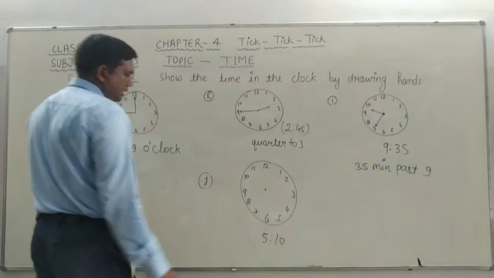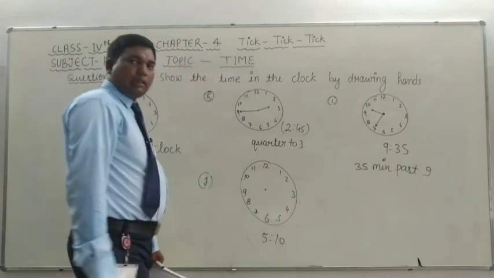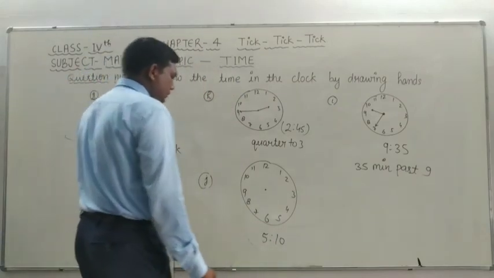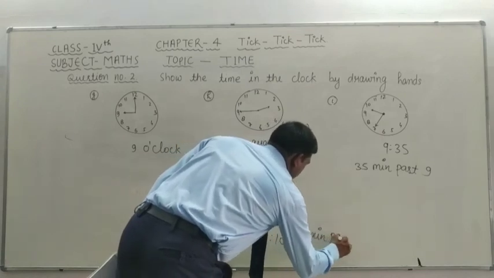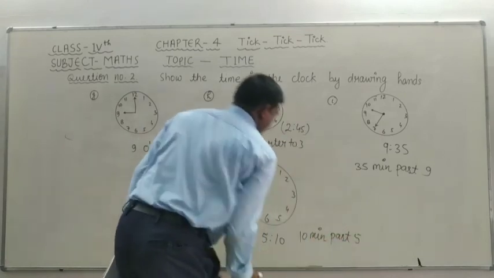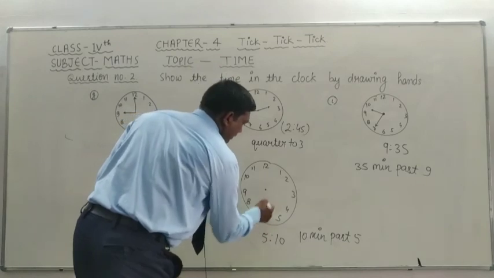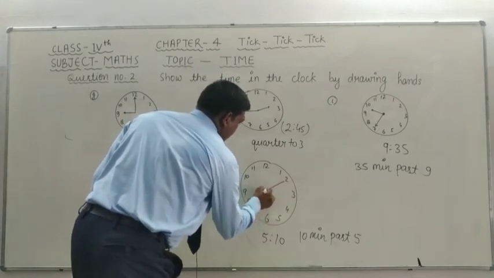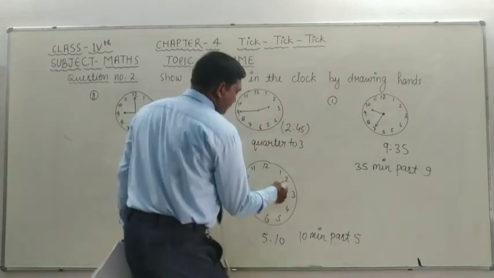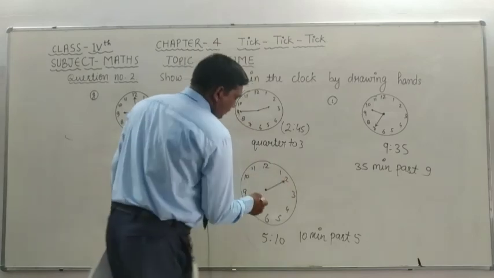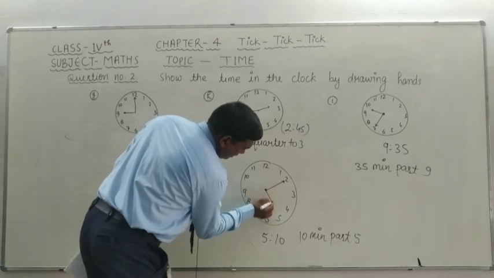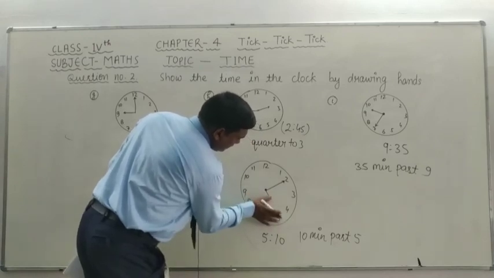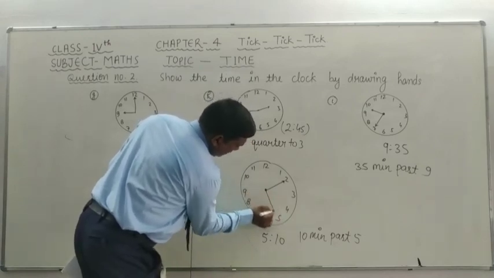And in this question, here given that 5:10, it means that 10 minutes past 5. Therefore, here we can say that 5:10. Look at here carefully. The minute hand exactly at 2 and the hour hand exactly at 5.